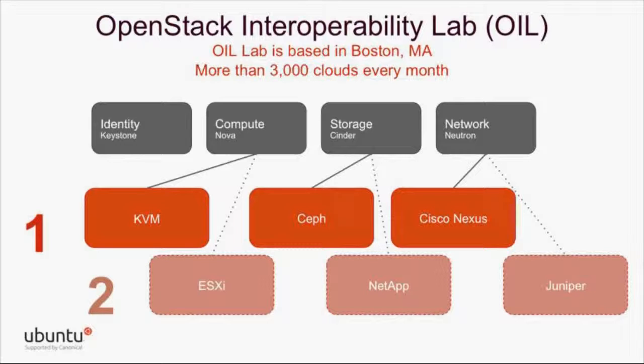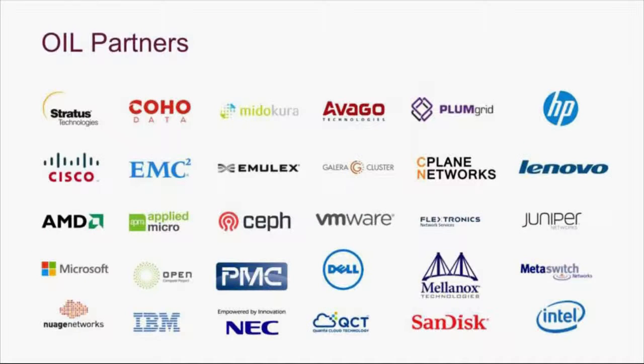And so OIL is what really allows us to be able to provide very robust delivery of an OpenStack distribution in conjunction with these third-party products. If we keep going through, we'll see a great many different partners in there. So I think there's 30 plus now, something like that.